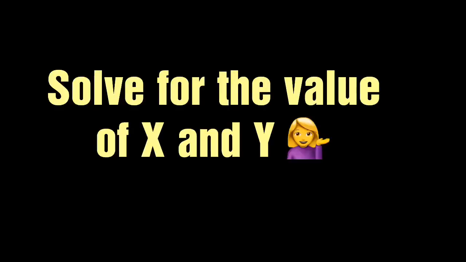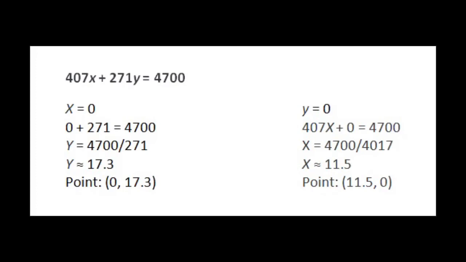After that, we need to graph our constraints. So we need to solve the values of x and y. For the first constraint, in solving for y, we let x equal 0.